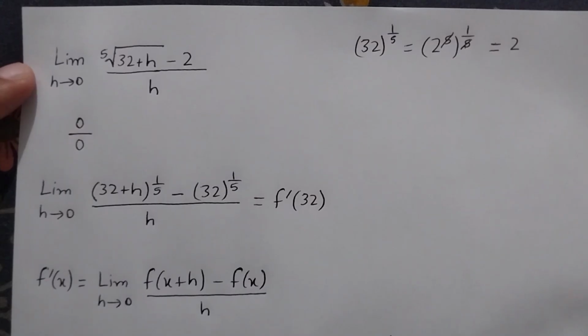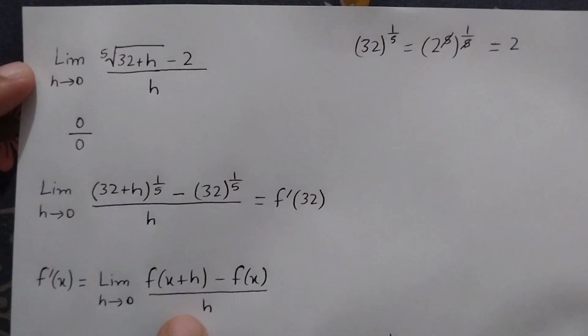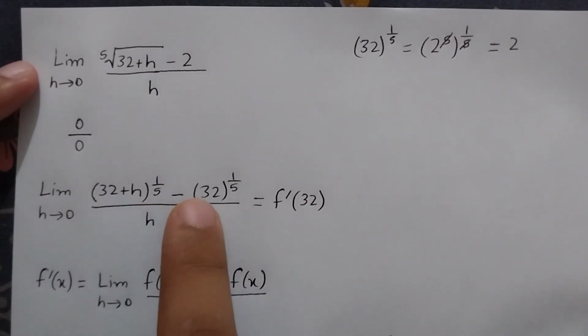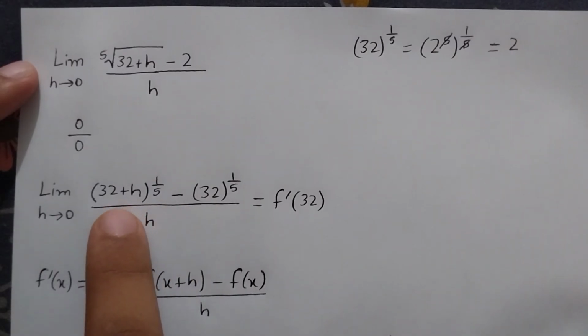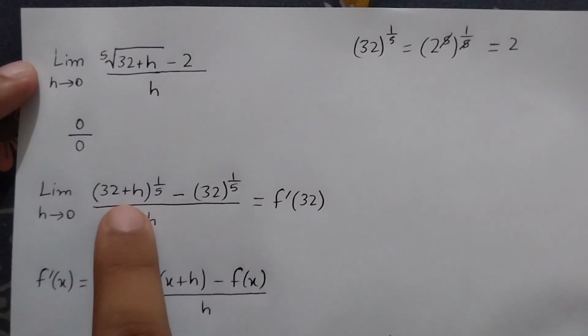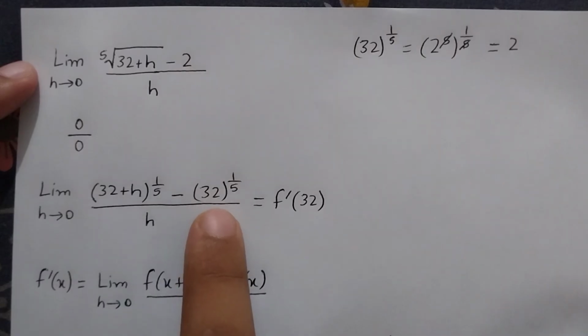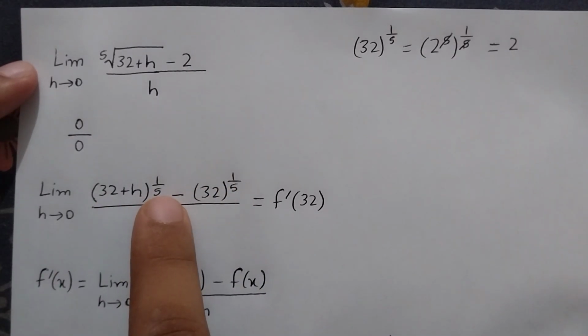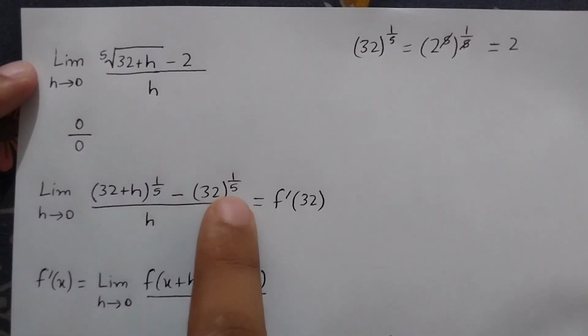And what does a function do? It applies some sort of operation on the input, and it gives an output. So if we compare this definition to our required limit, in the numerator it involves two terms, two inputs, just like this. Here the input is 32 plus h, and here the input is 32, and both times the same operation is applied, that is taking the fifth root of the input.